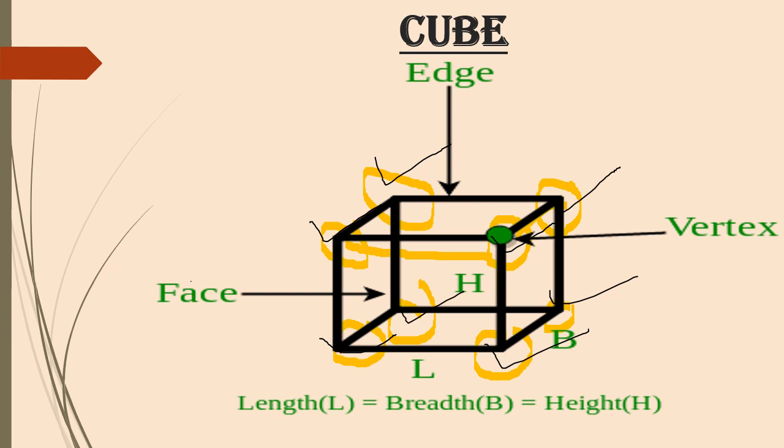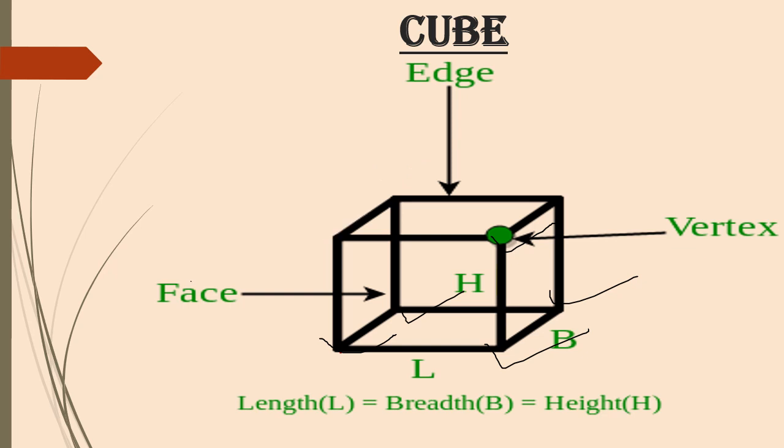Okay, and what do you mean by edge? Face you understood, vertex you understood, edge is also very easy to understand. You look here carefully. If I talk about edges, an edge is the part where faces meet.